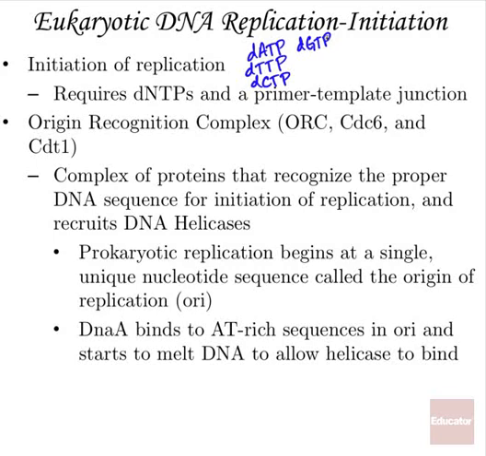What exactly is a primer template junction? So let me draw this for you. So if we do DNA, and let's say that's our 3', okay, 5', this is DNA. Let's say that this is our template, right? And then here we have our primer, and we'll draw it like this.